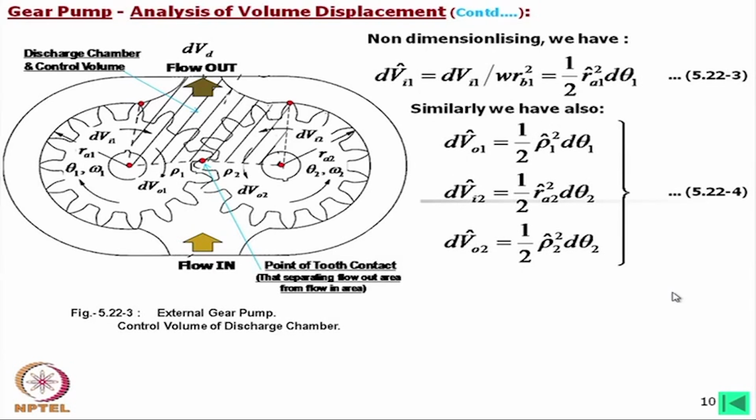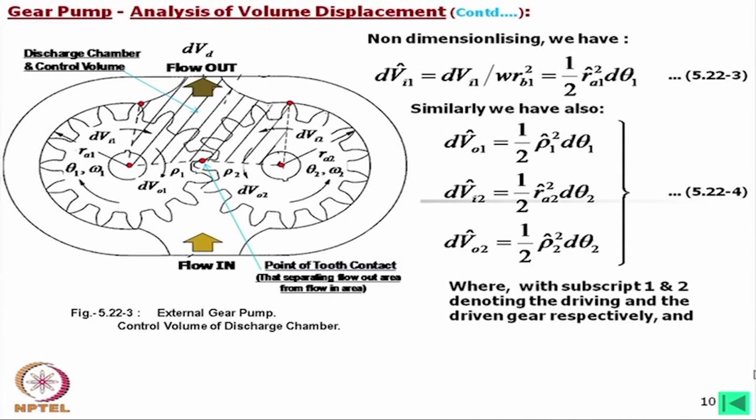You can look into the equations, these are the same. When we are calculating the volume out, we have considered this radius, because this is the radius here. We have to consider a small amount of rotation, and then the triangle formed by two arms is equal to rho 1, in this case rho 2. So, these will be the equations.